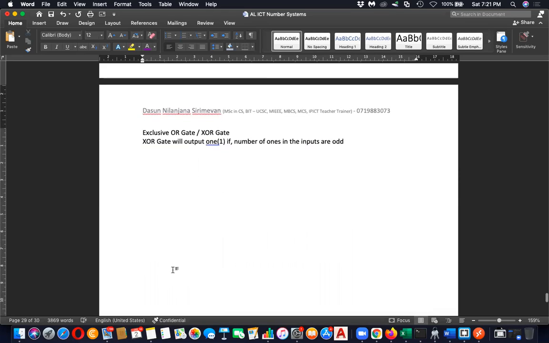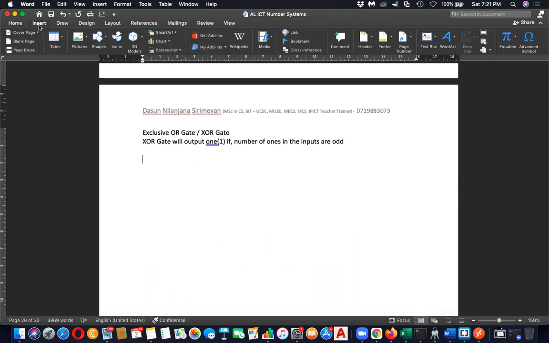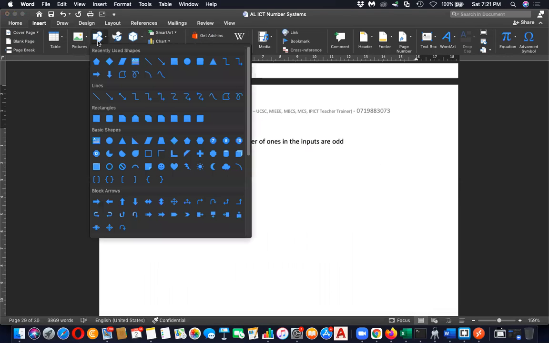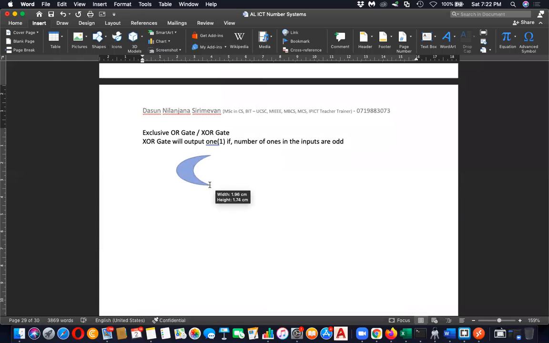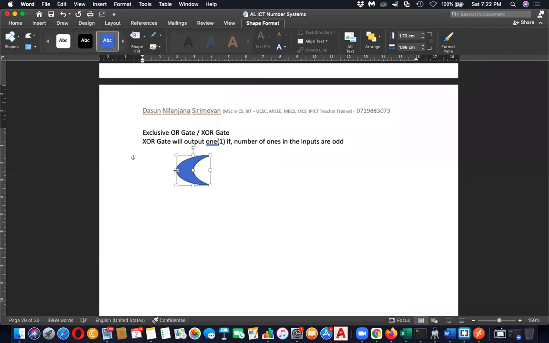Okay. Let me draw the symbol of the XOR gate and draw the truth table too. Let's draw a symbol and a truth table and see what this is about. So this is the symbol of the XOR gate. Similar to the OR gate, we're going to write the same thing. The symbol is similar to the OR gate, but there's one speciality.